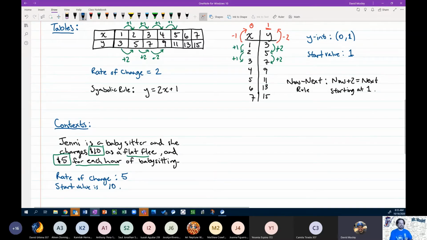And that's just in the context. We just need to pull out those numbers and identify which one is which. The $5 is attached to every hour, so that's the rate as the hours build up. It makes her get paid more. The $10 doesn't change. It's always a $10 flat fee. It doesn't depend on anything else, so it's just the start value.